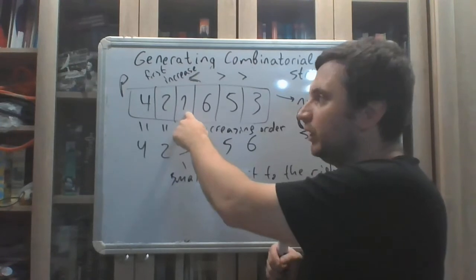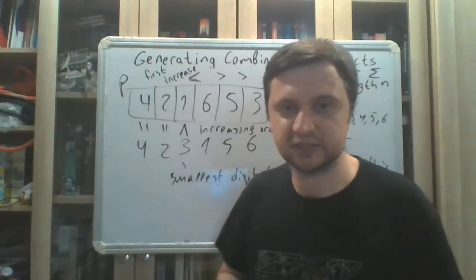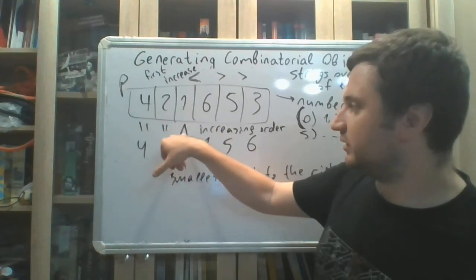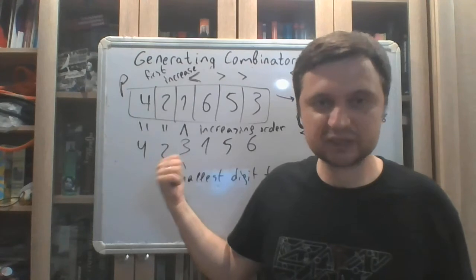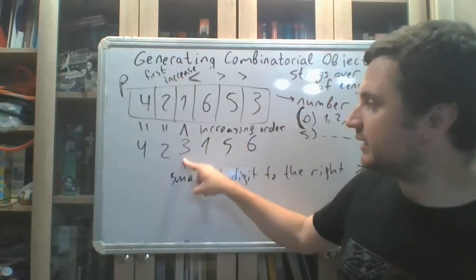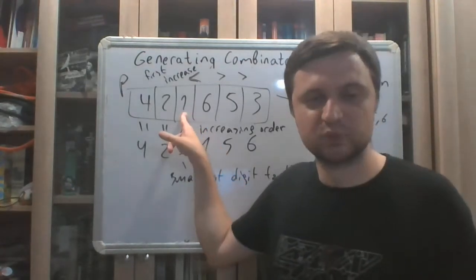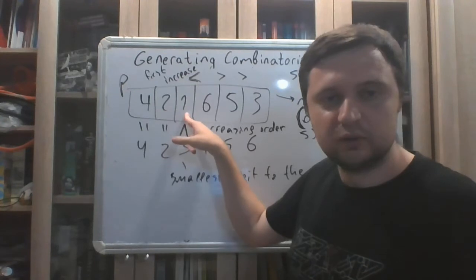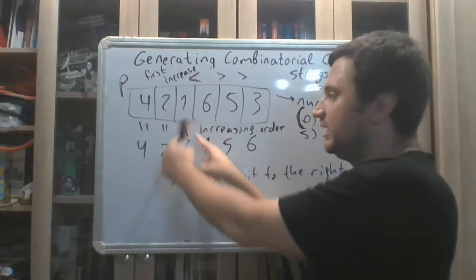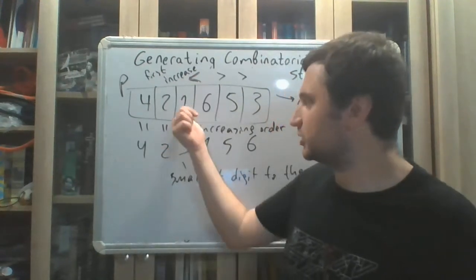So in your object P, not only permutations, any combinatorial problem like this, you find the rightmost place where you can make an increase, a larger thing. And among the possible larger things, you select the smallest one that is larger than this object over here.